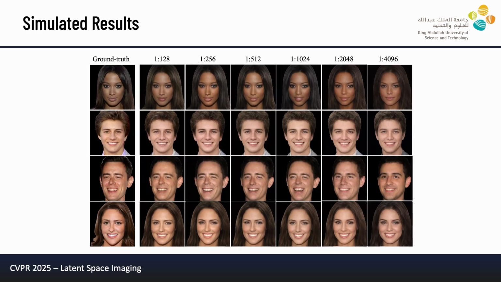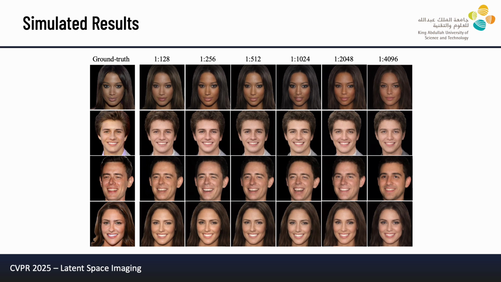Here, we demonstrate the robust identity preservation capability of our model when reconstructing images at a resolution of 256 times 256 across a range of compression levels. LSI effectively captures essential features such as eye color, expression, facial shape, and skin tone with less than 0.5% of the original pixel count.